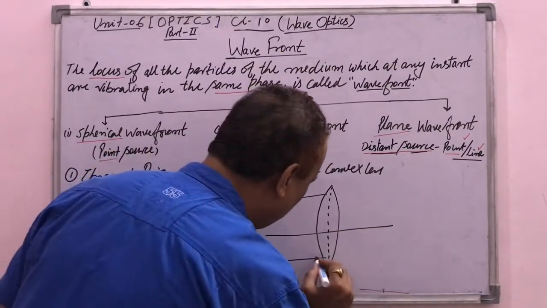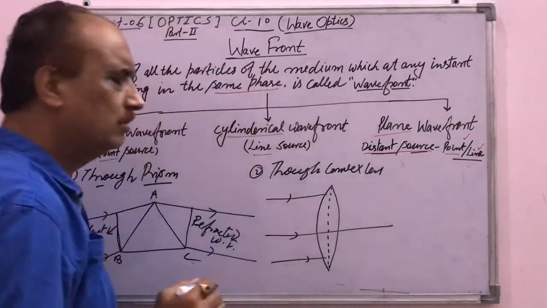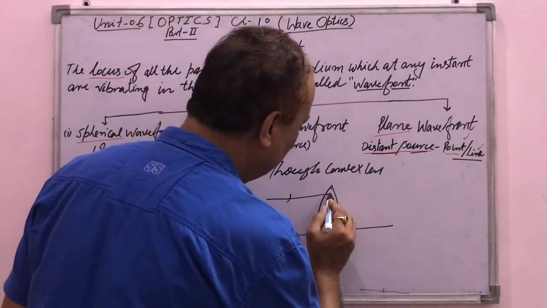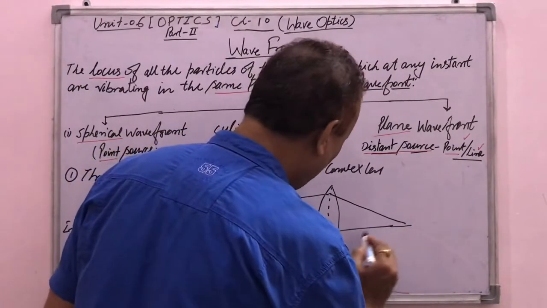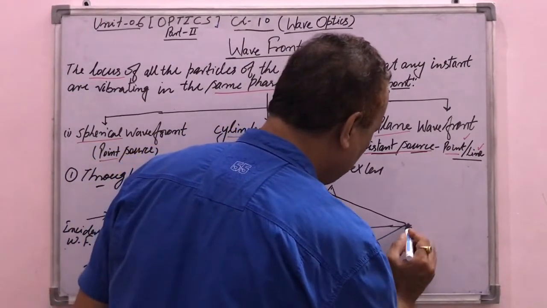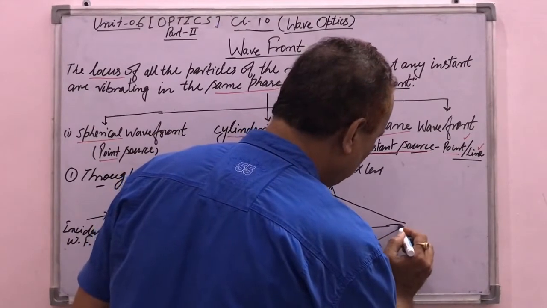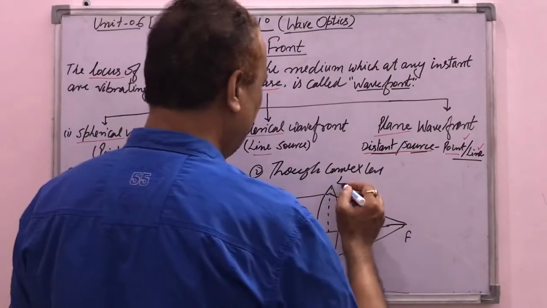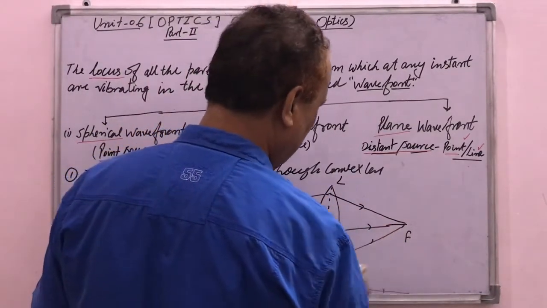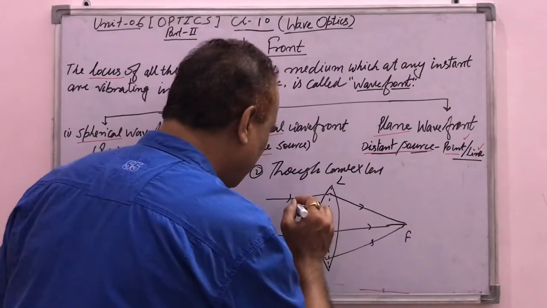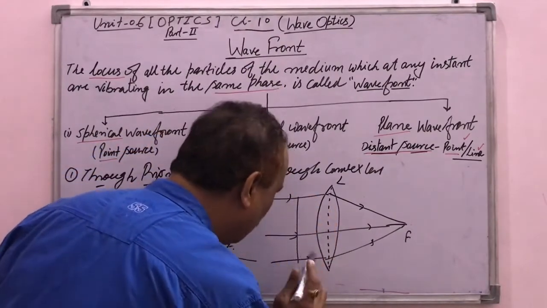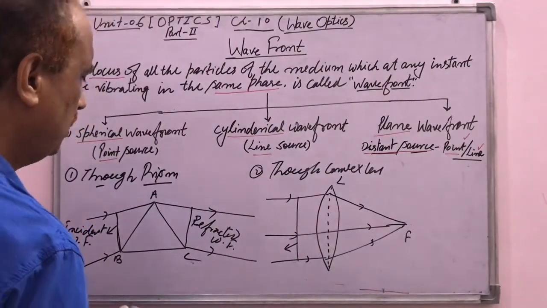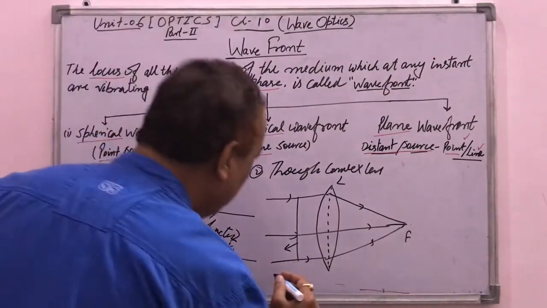These are parallel rays incident on the convex lens, and after refraction from the lens they will be converged on the principal axis, at the focal point of the given convex lens. When we draw a perpendicular line across the parallel rays, that indicates the incident wavefront.